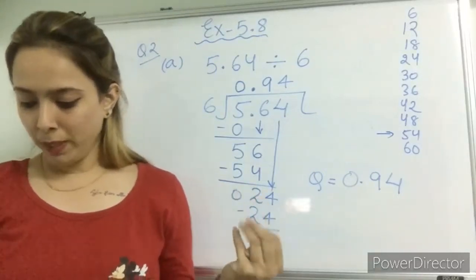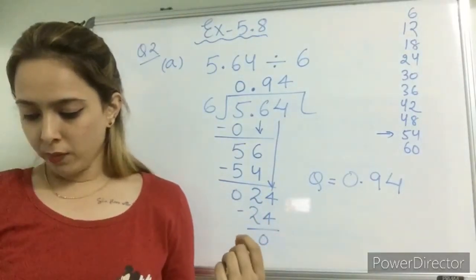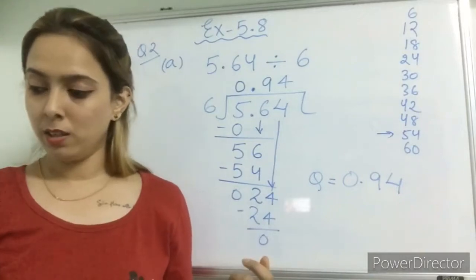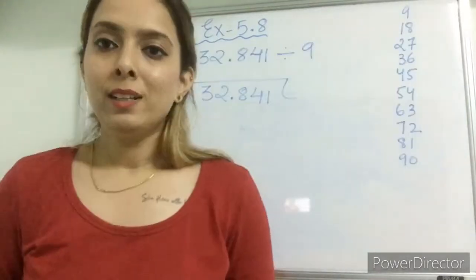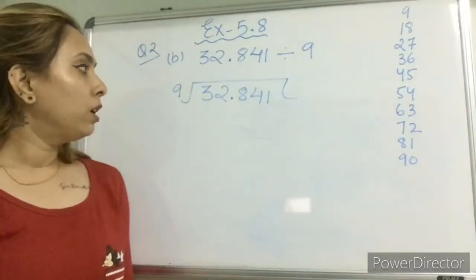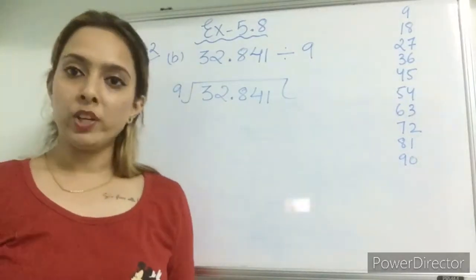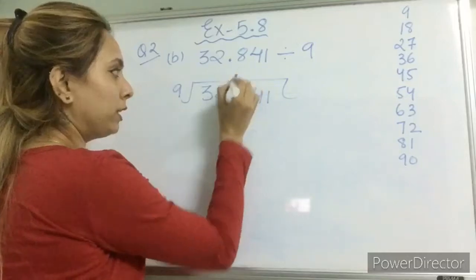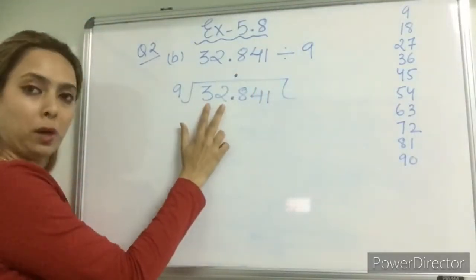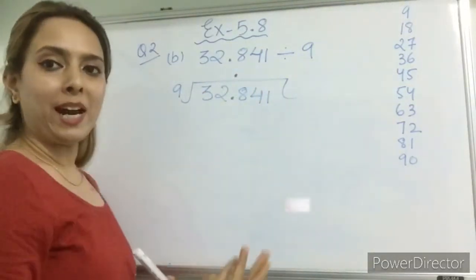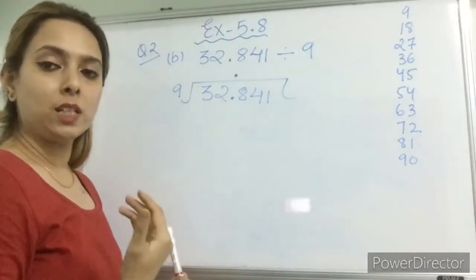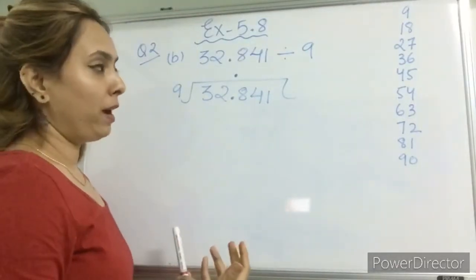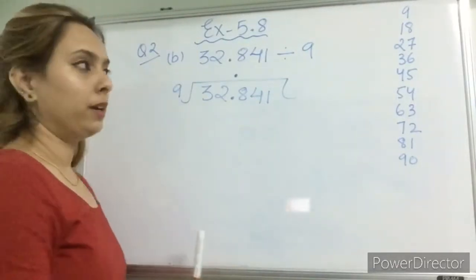I would like to explain one more question, which is the B part. Let's start the division. I have written the question. First step, decimal. Now there are two numbers, so we need not multiply 9 by 0, because 32 is divisible by 9, leaving some remainder.